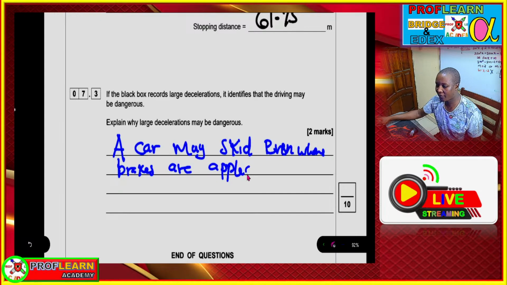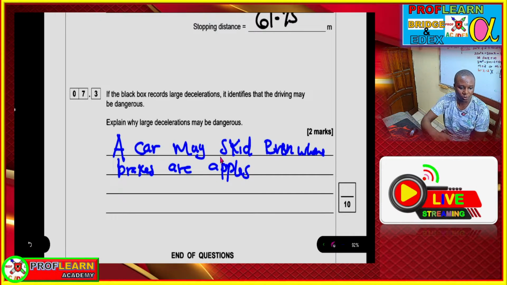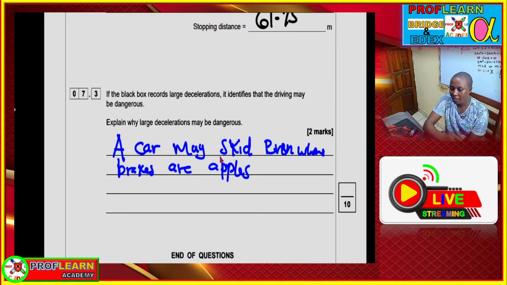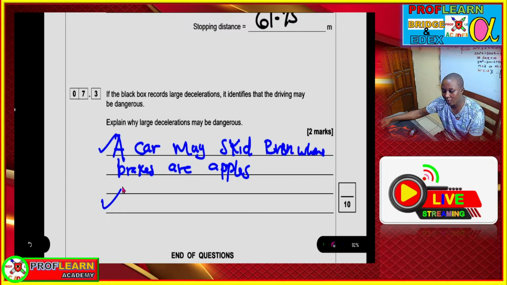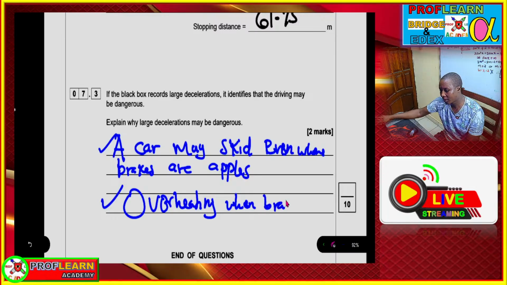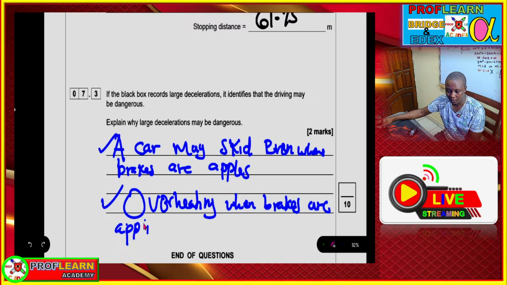So it will be very difficult, and this can cause an accident. It can also lead to overheating when brakes are applied.